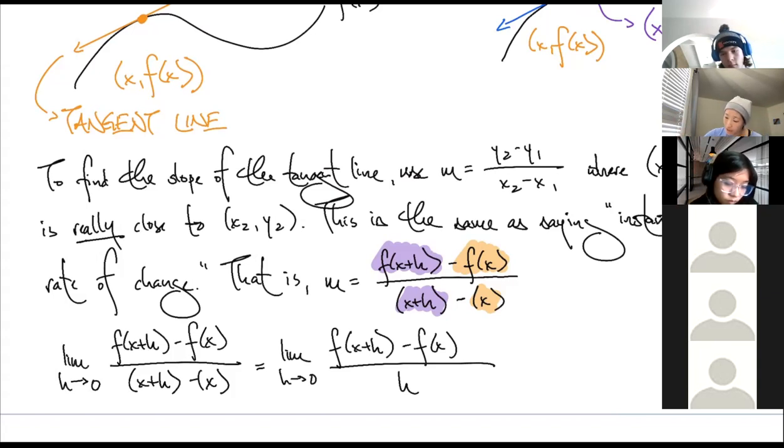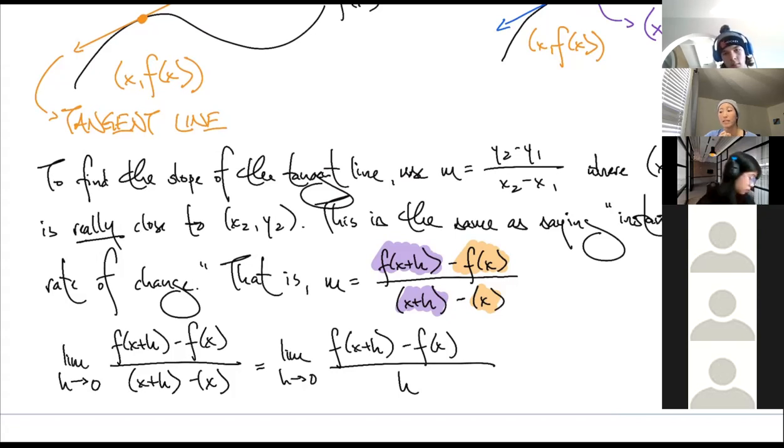So with this equation right here, what happens when we plug in 0 for h? Exactly.